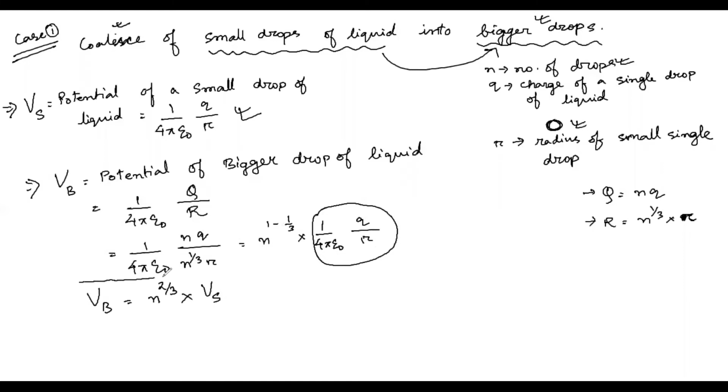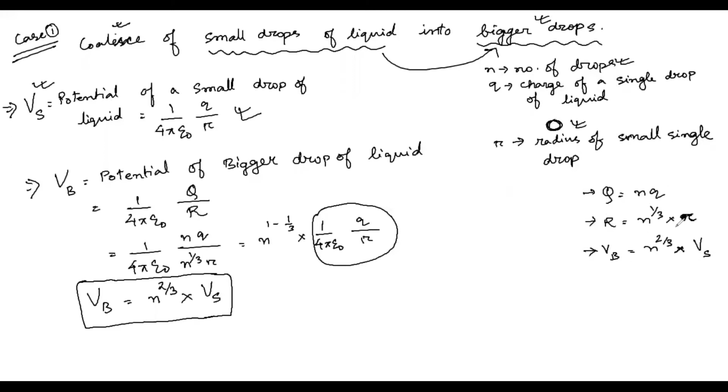So this is the relation between the potential of the bigger drop, formed using n small drops each having charge q and potential Vs, and the potential of the smaller drop. So you can make a third point here: potential of bigger drop is n to the power 2 by 3 times potential of the smaller drop.